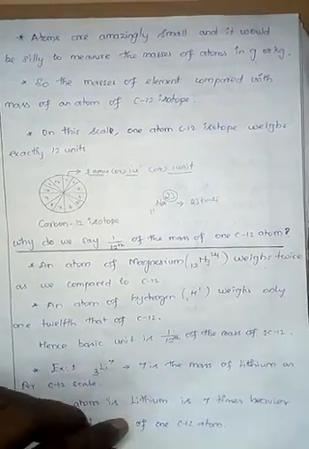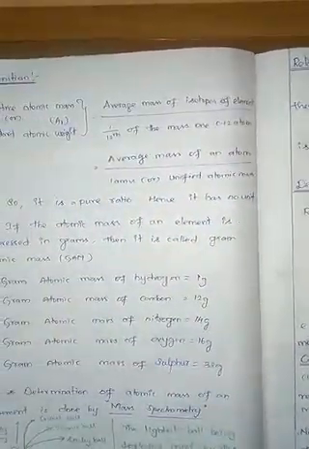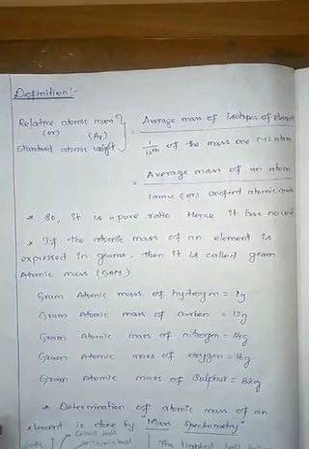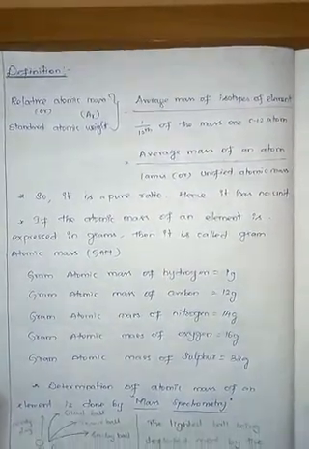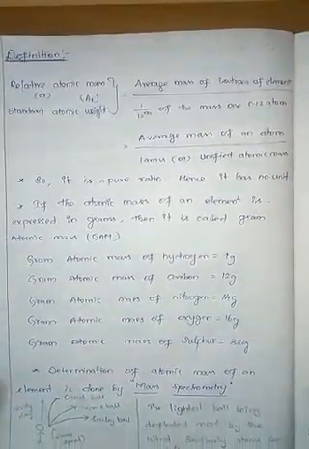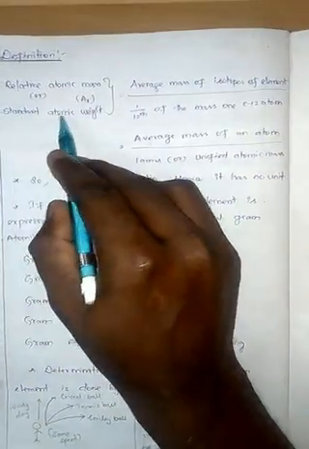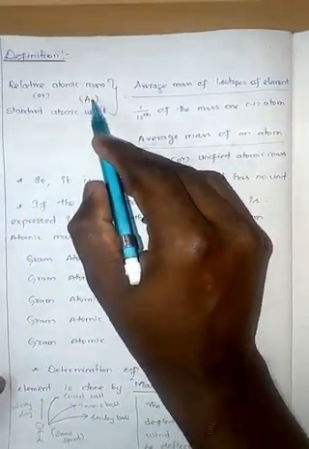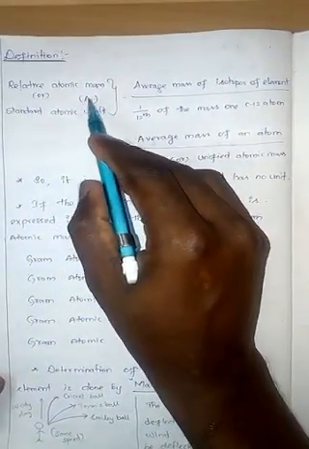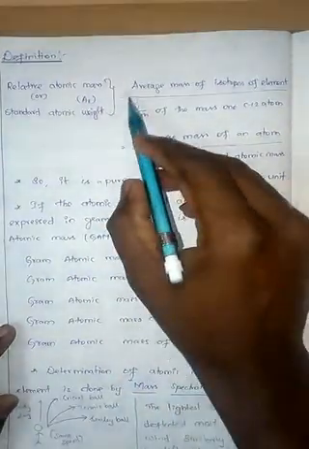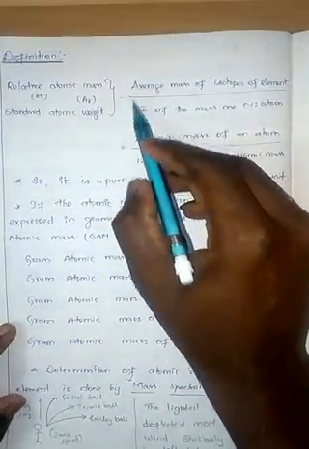Right? Now, let us go to some more information. Go to the definition of that. So what is meant by relative atomic mass? It's otherwise called standard atomic weight. It's simply denoted by AR. Now, what is this? It's a ratio.